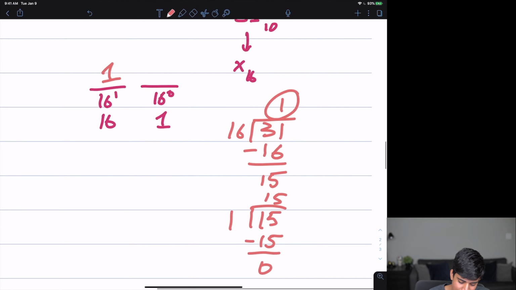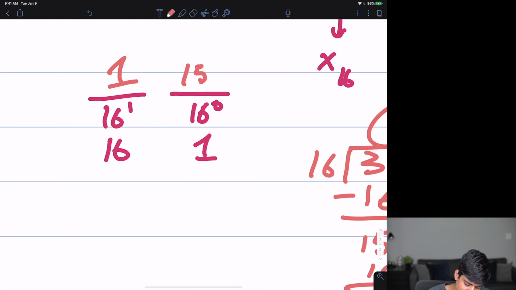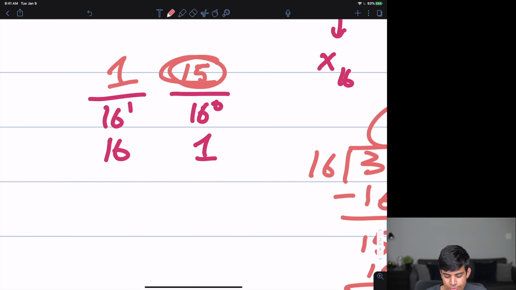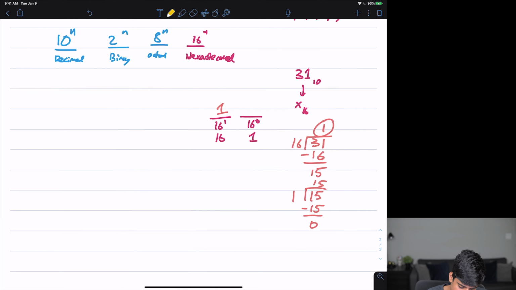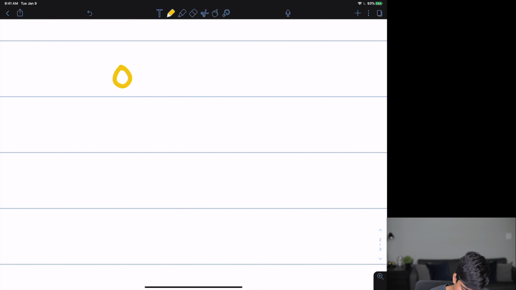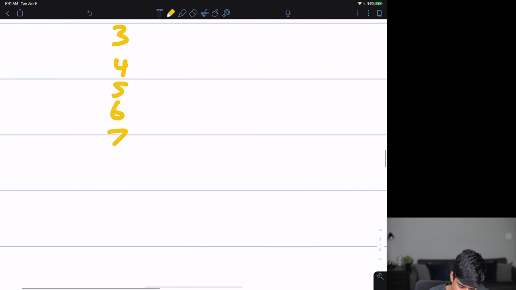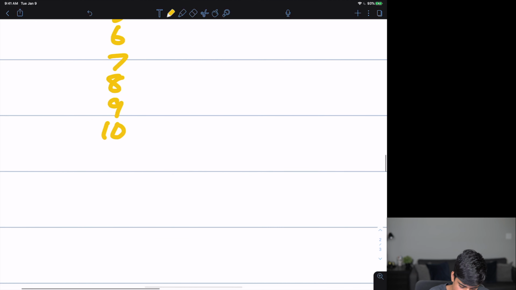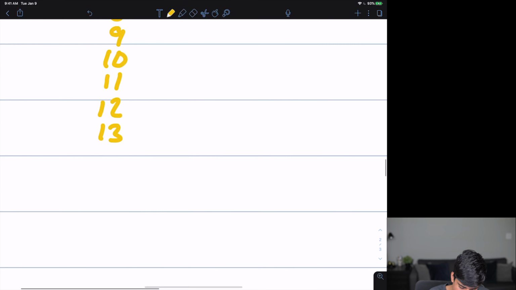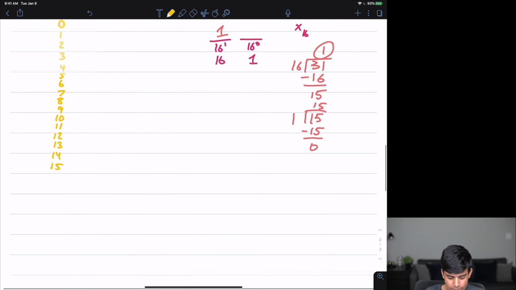The remainder is 0, and I would put the number 15 here, but remember, I can't do that, so instead I have to do the letter equivalent. And remember, I can write this stuff down. 0, 1, 2, 3, 4, 5, 6, 7, 8, 9, 10, 11, 12, 13, 14, 15, because those are all my possible values.